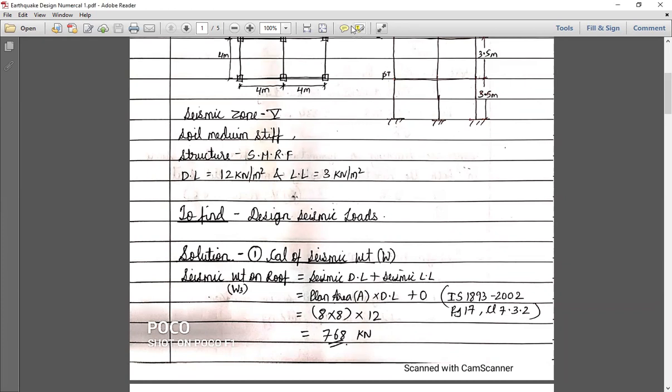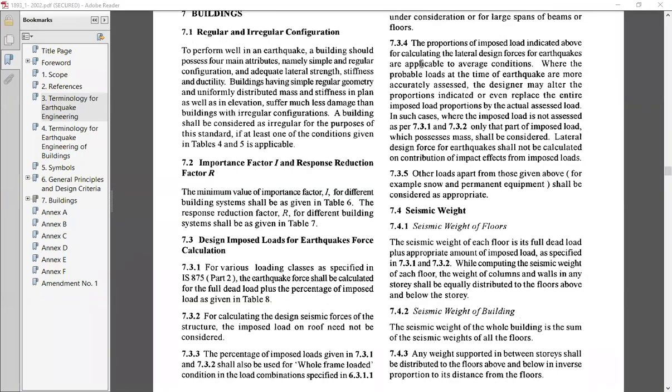For every problem, on the roof the live load is not considered. So here you can see clause number 7.3. I hope my IS code PDF is visible now. So look at 7.3.2: for calculating the design seismic forces of the structure, the imposed load on the roof need not be considered. Okay, is that fine now?